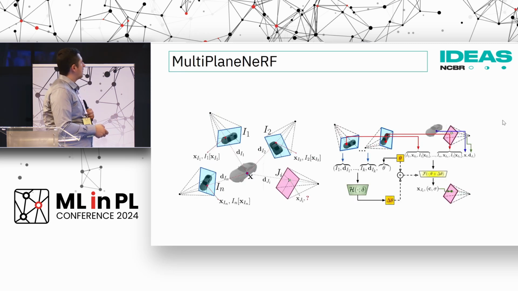How does the model work? It uses hypernetworks. I know that this picture is quite complicated, but here we have the multiplane, and here we have the existing elements. In practice, we take the existing images, they go to the hypernetwork. The hypernetwork produces the weights.